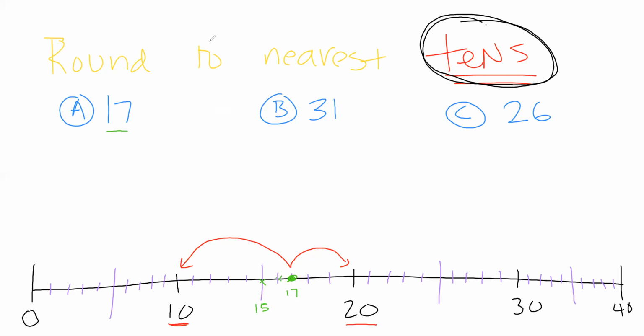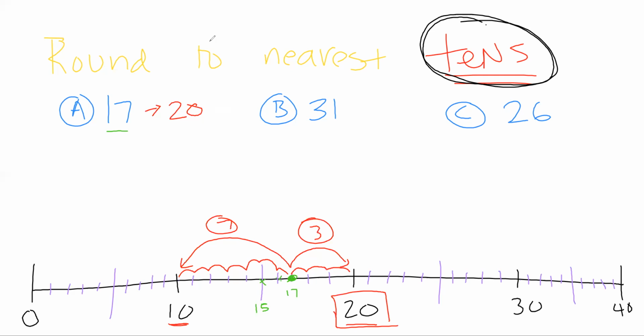If I was at 17 and had to go to 20, that would be 1, 2, 3 hops to get me there. But if I wanted to go back to 10, I would have to do 1, 2, 3, 4, 5, 6, 7 hops. So 20 is the nearest 10. It's the closest 10. So we just took 17 and rounded it to the nearest 10. We rounded it to about 20. It's about 20.